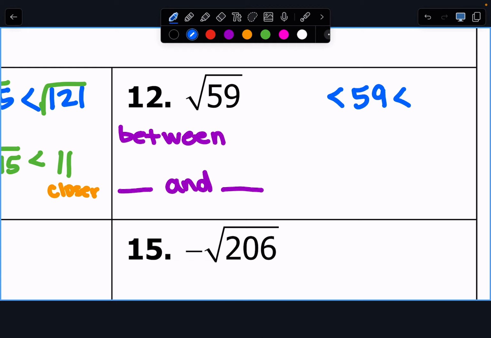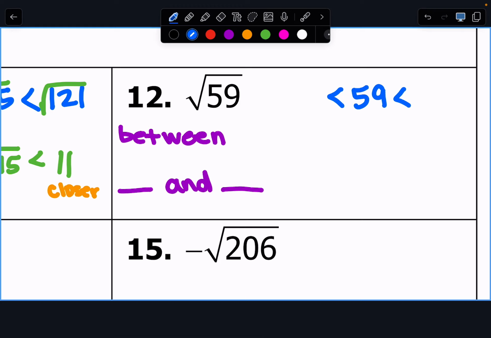Okay, so it's between 49 and 64. Since it's between 49 and 64, when we put the radical on it, it's going to be between 7 and 8. That's it. Yeah. All right.